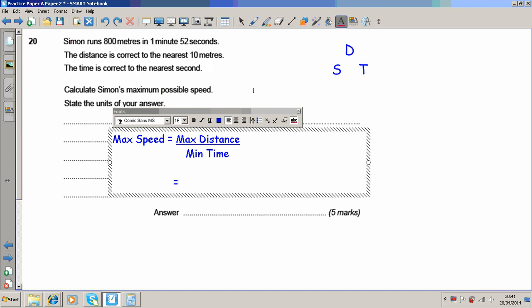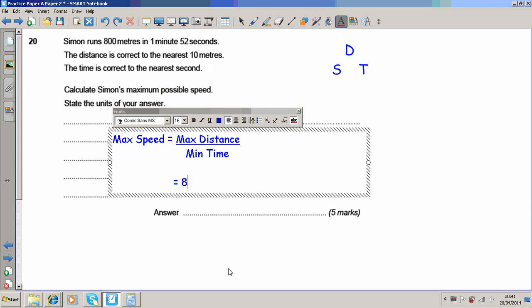So the max distance it could be, let's correct to the nearest 10 metres. No, hold fire a minute. The maximum speed. No, I've got that the wrong way around. If I want the maximum speed, I want the distance to be as low as possible and the time taken to be as quick as possible. No, I was right in the first place. What am I on about? Because a big number divided by a small number is going to give that as big as possible.